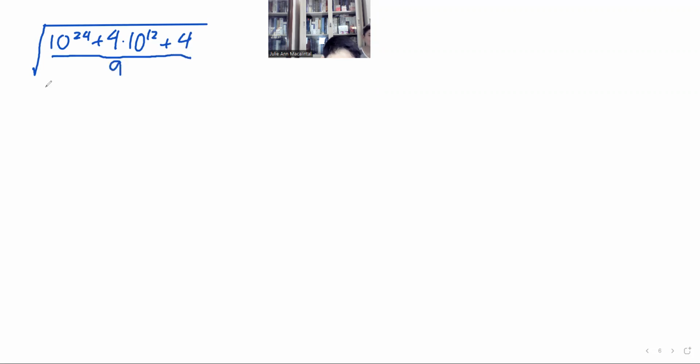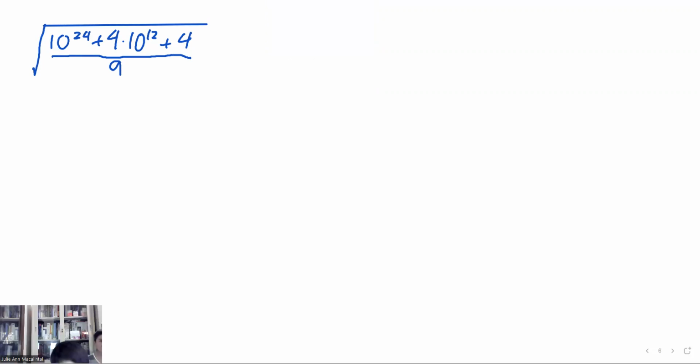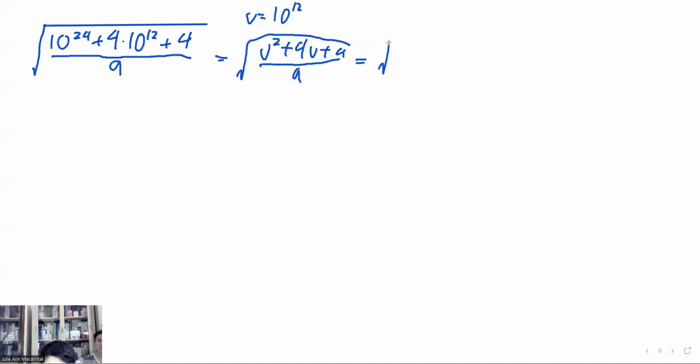Again, if we think of 10 to the 12 as a unit, then we can simplify this. Let's say u equals 10 to the 12, then we can express this as u squared plus 4u plus 4 over 9. And then u squared plus 4u plus 4 is a perfect square.